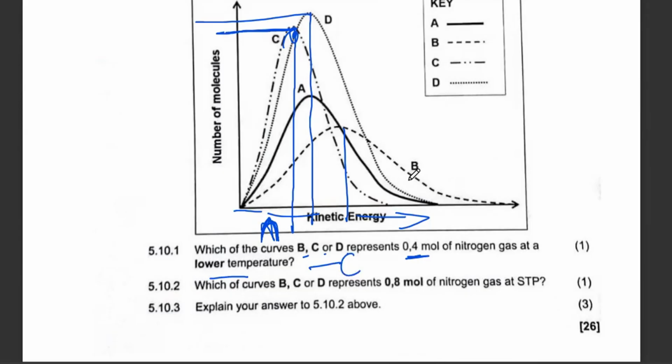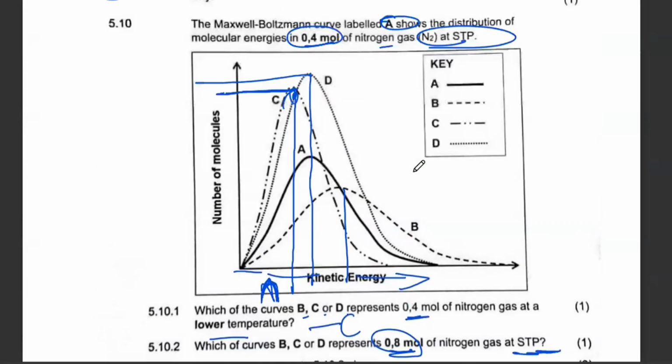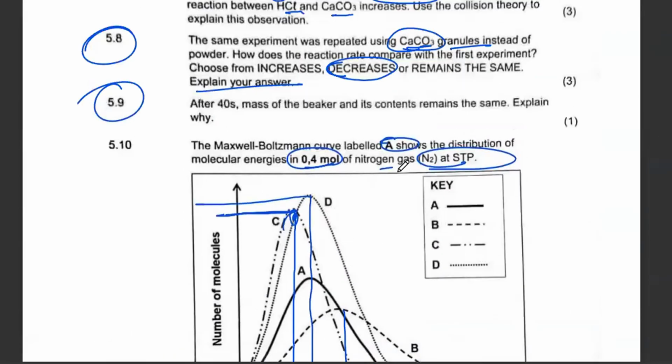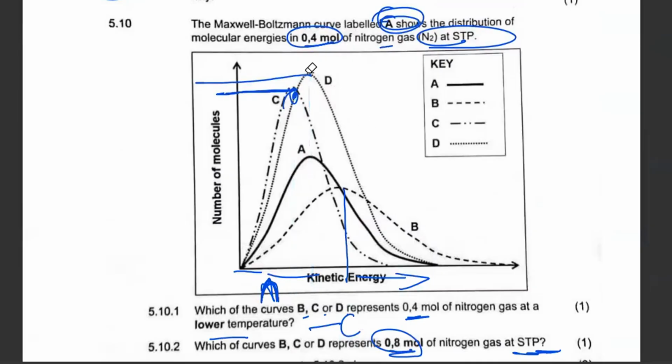Which curve, B, C or D, represents 0.8 of nitrogen gas at STP? We need to look at which one is double, and since it is at STP, it means the same temperature. Since they said A is showing STP, the curve whose peak is at the same temperature as A will be the answer, because both are conducted at STP.